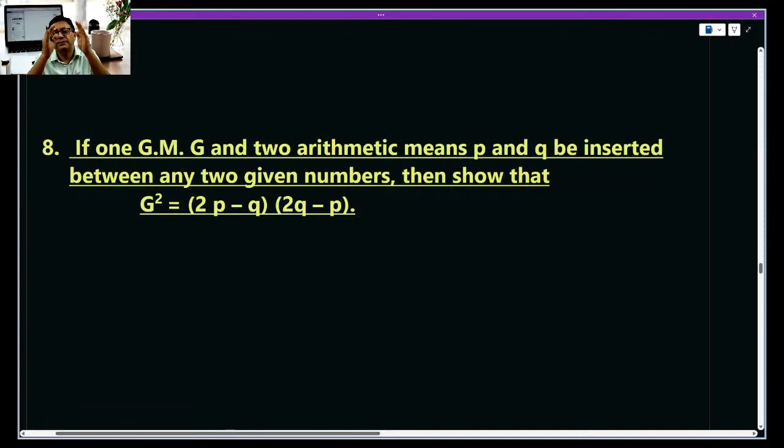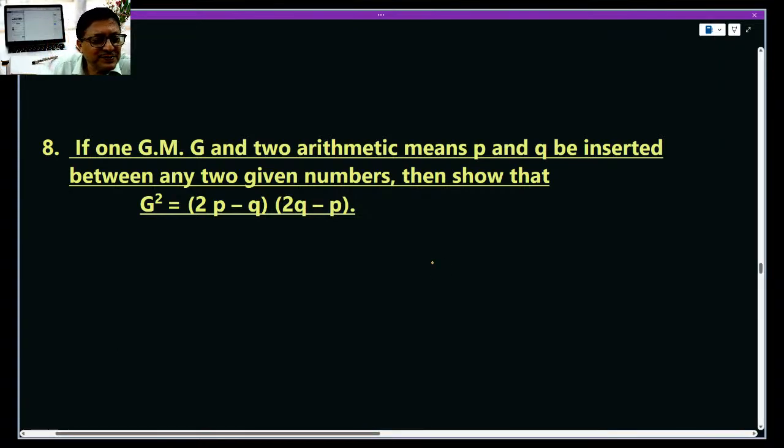This is a very interesting one, important for all kinds of examinations, even school-based examinations can ask it. See the question: 1 GM G and 2 arithmetic means P and Q are inserted between any two given numbers, then show that G square equal to 2P minus Q into 2Q minus P. I am taking only common sums, I told you. It is there in all books.